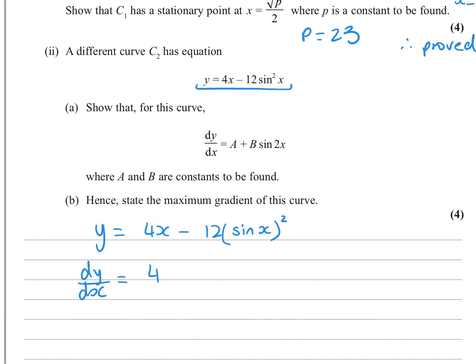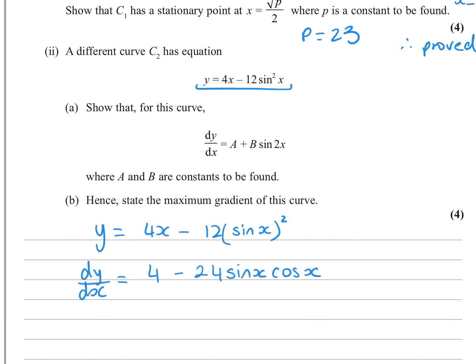Okay, differentiate the bracket, bring the power down, 12 times 2, and then times the bracket, times the differential of the bracket. Now if we differentiate sine, it then becomes multiplied by cos x. Sine differentiates to cos. Brilliant. So everyone's happy with this.